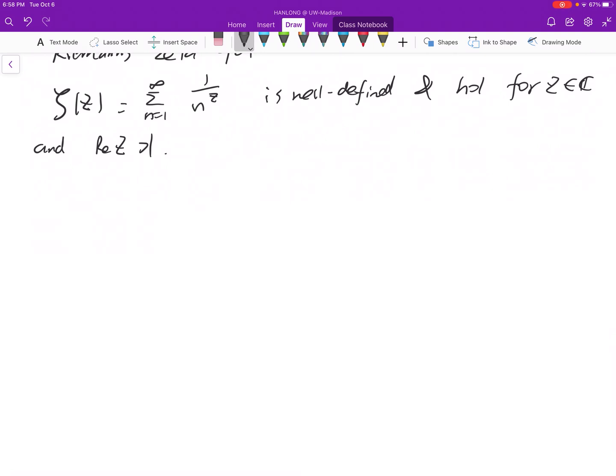You can prove it by taking Cauchy-Riemann derivatives and proving the convergence of the derivative. And then the natural question is, just like what we did for the gamma function, how to extend zeta(z) to the whole complex plane as a meromorphic function.